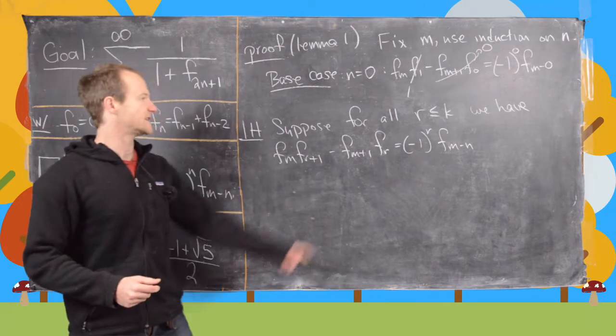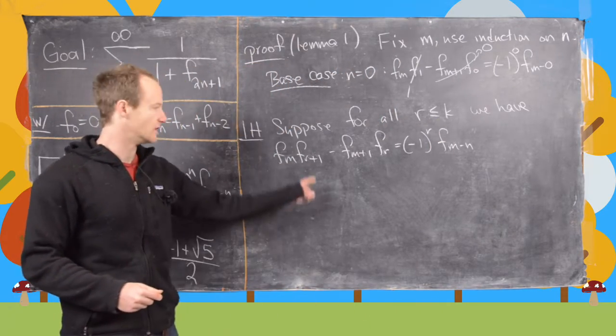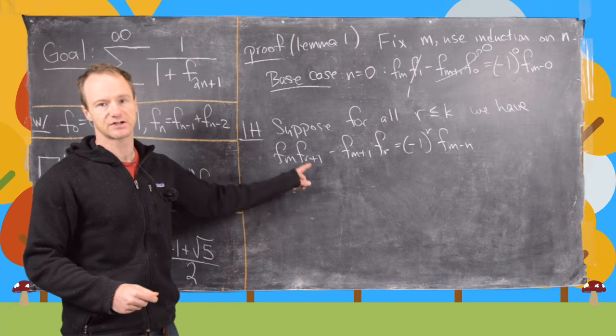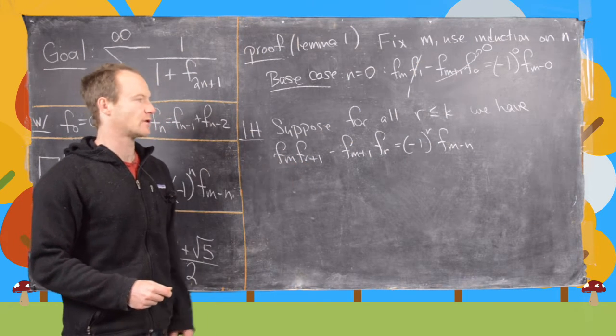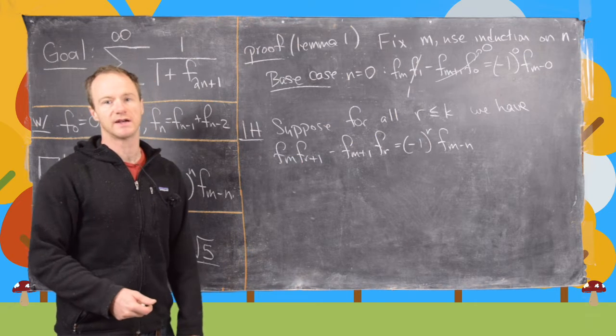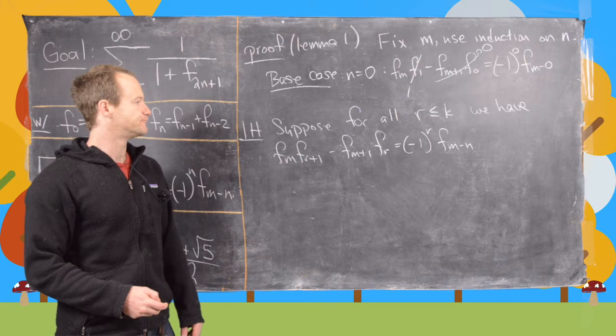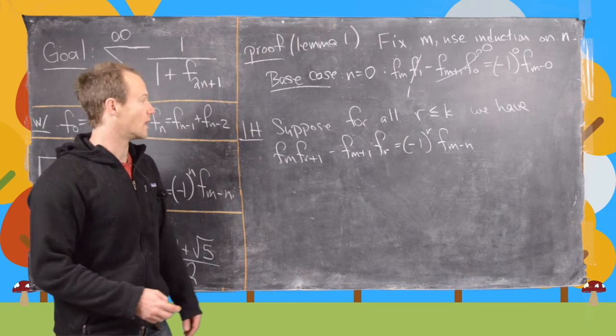What I mean is that for all values that we plug in less than or equal to k, this statement is true. So it's true if we plug in k, it's true if we plug in k minus 1, and so on and so forth. Like I said before, this is sometimes called strong induction, but regular induction and strong induction are equivalent. So it's really no big deal one way or the other.